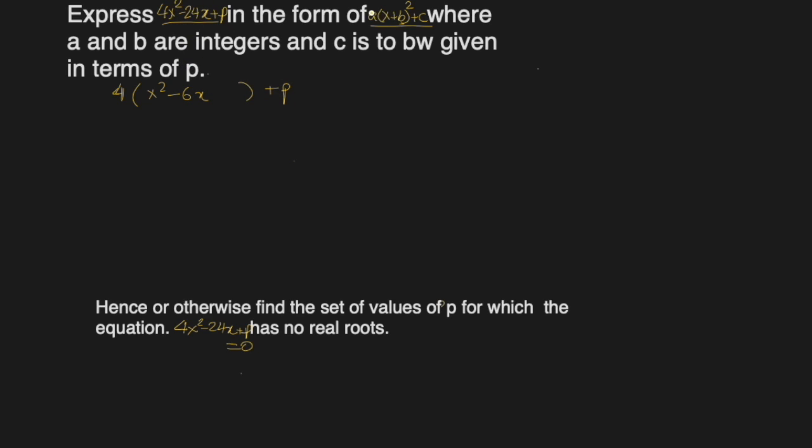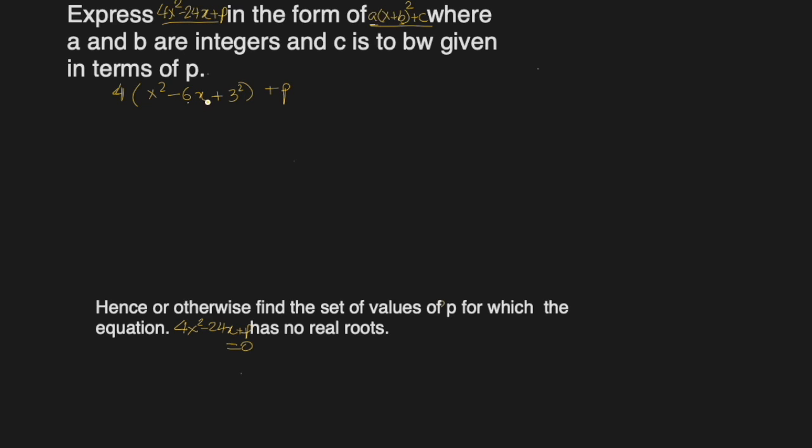So what did I do? They wanted an a, so I took 4 common out of the first two terms. So what are we left with? x square inside the bracket, and out of 24, 4 is out, so 24 divided by 4 is 6, minus 6x inside. Now we will add the square of half of this number.